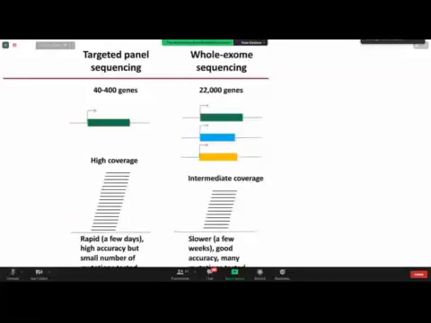The other option is that you look at the whole exome. So you look at the coding portion of all the 20,000 genes. For example, if you don't find me in the biological sciences department, you might go to the faculty office, you might go to the canteen, you might go to the library.